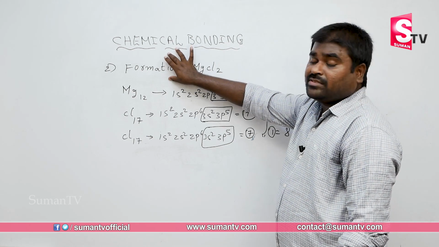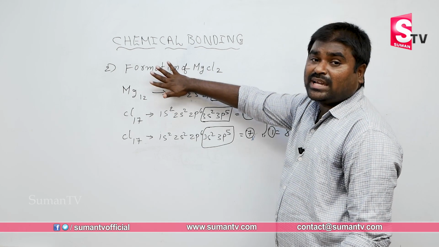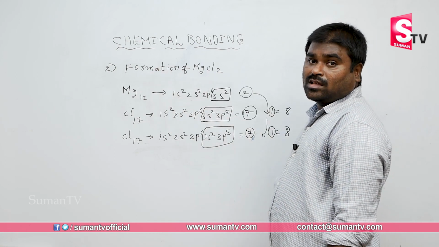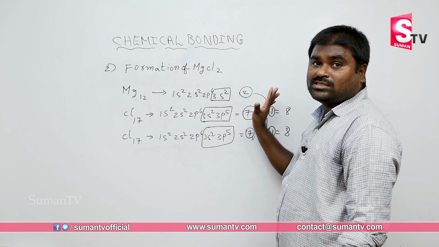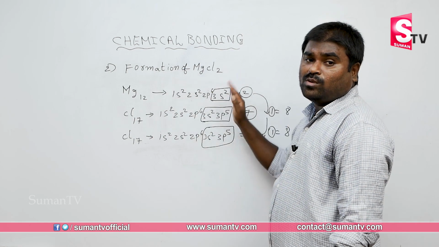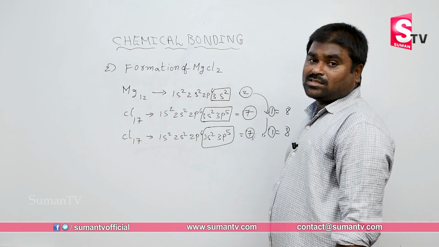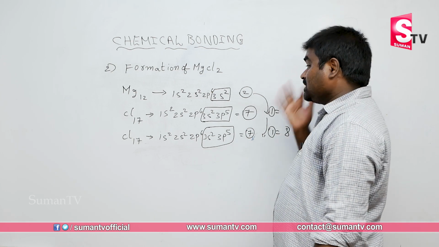First, we have seen the formation of sodium chloride, and second, the formation of magnesium chloride. Like this, children, the transfer of electrons changes atoms into ions and will form a new compound. Changing of ions means what, children?